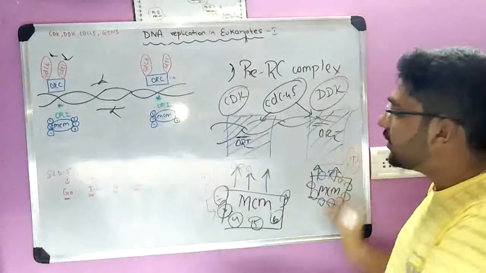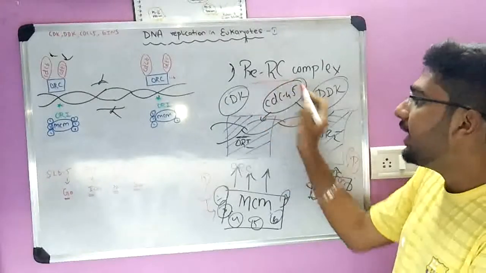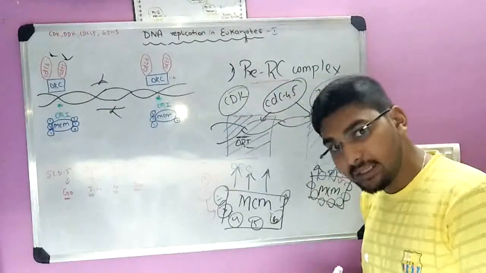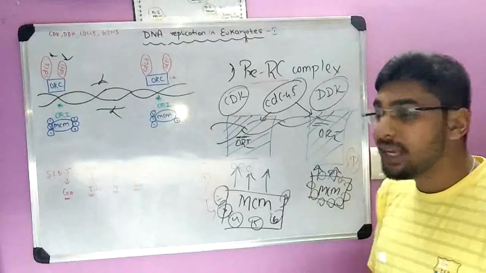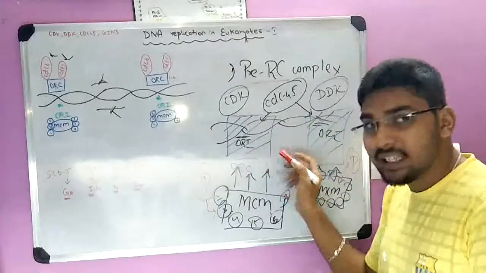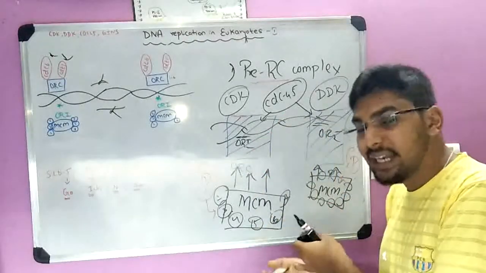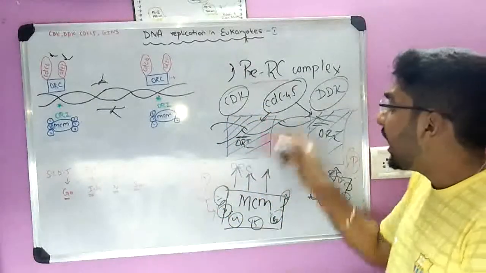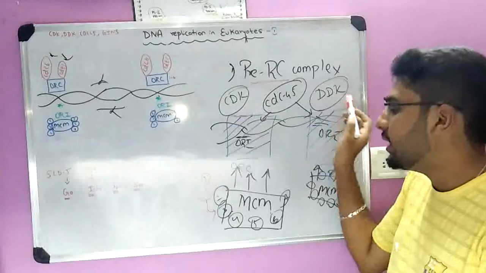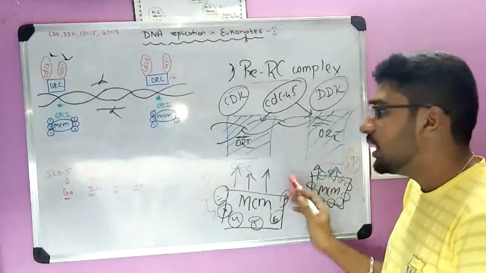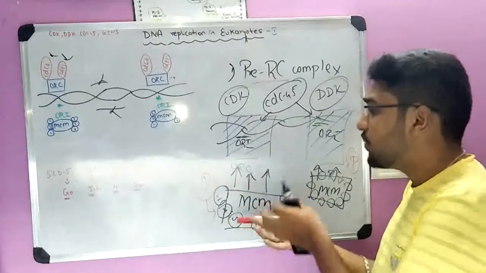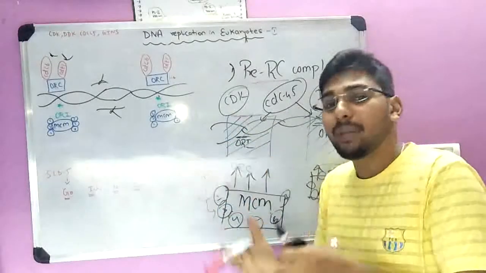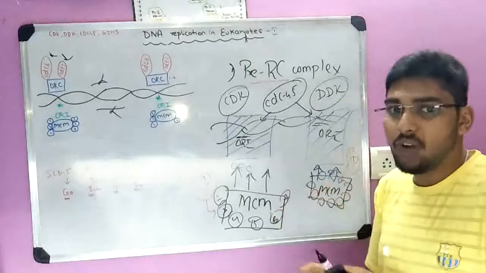Now this entire thing is called the pre-replicative complex. So what is the pre-replicative complex? It is where your ORC is bound to the ORI site, along with CDC6 protein, CDT1 protein, the kinases CDK and DDK, and the mini chromosome maintenance proteins. So many proteins and enzymes are bound to this site, forming a complex called the pre-replicative complex.